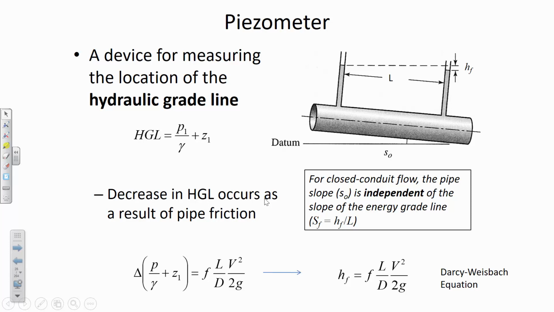The fact that the pipe is inclined doesn't say anything about the slope of the energy grade line. So here's S naught, the slope of the pipe. It could be uphill, downhill, or horizontal. But the slope of the energy grade line, S sub f, is independent of the pipe.